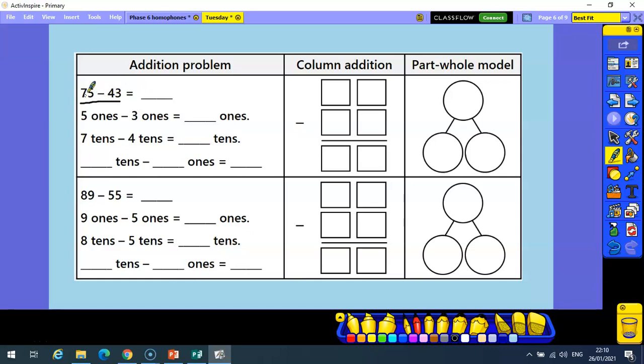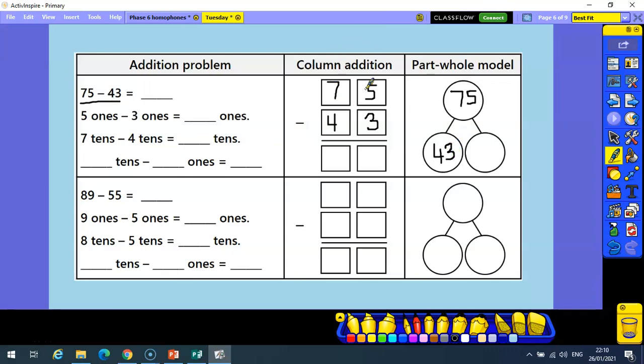The number I'm starting with is 75. That must be my whole then. 75. And I'm taking away 43. Okay? So I know that's one of the parts. The part I'm going to take away.